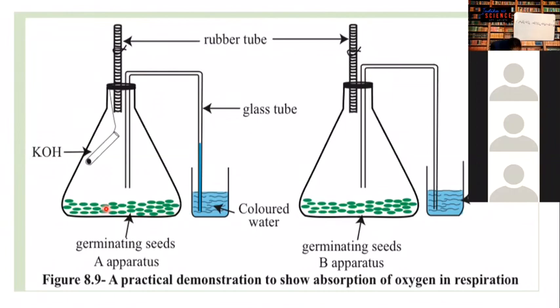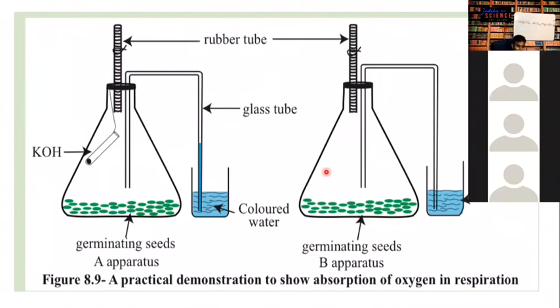Another assumption: actually, when you start the experiment also, some carbon dioxide is present here. That carbon dioxide present is negligible, right? Write down this one: volume of the carbon dioxide in the flask is negligible.